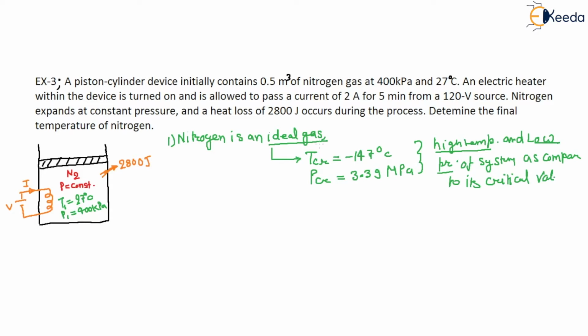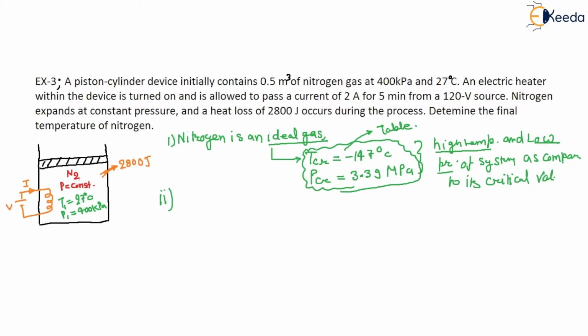That is number first. These values are given in any standard book table. Now, if the table is not provided, then the question clearly mentions that nitrogen acts as an ideal gas, no problem, no issue.